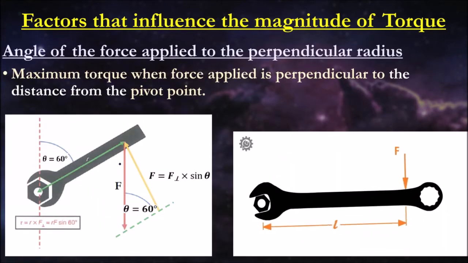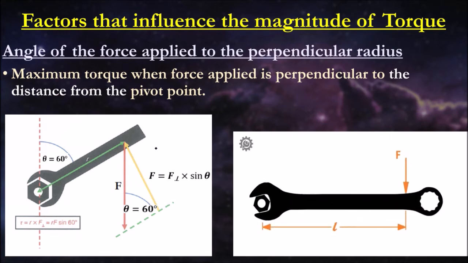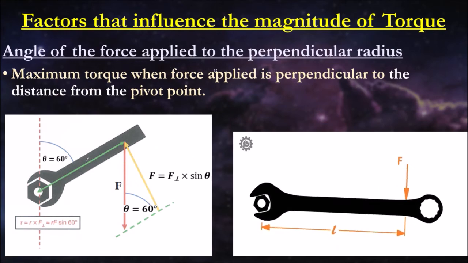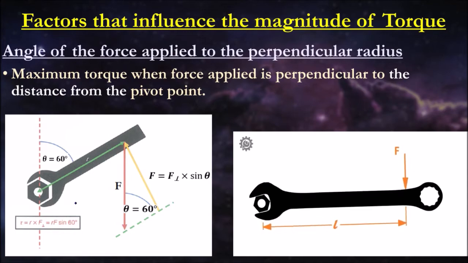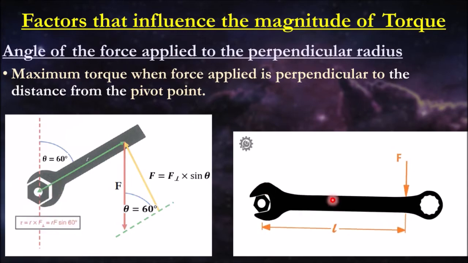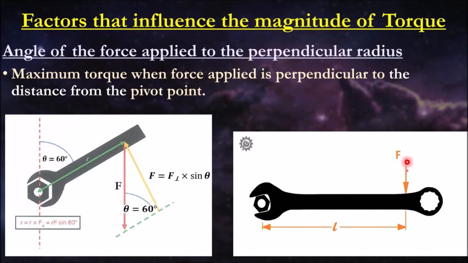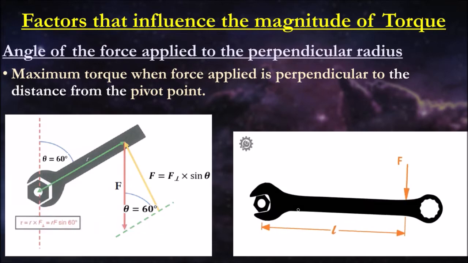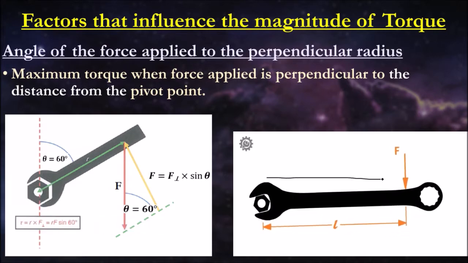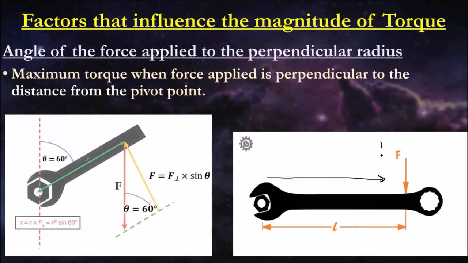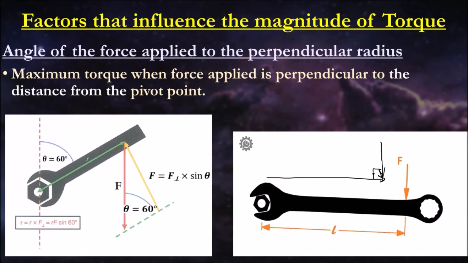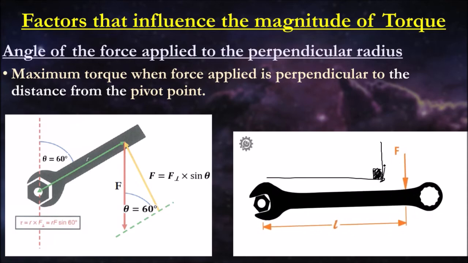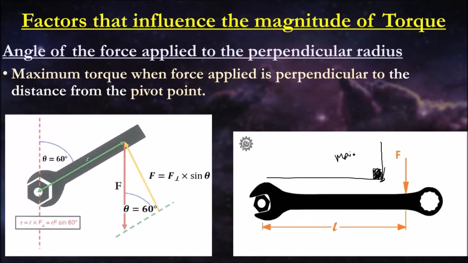Our second point is obviously the force, but we're also looking at the angle at which we apply the force. Now, in this diagram we have here, maximum force is achieved if the length of that point and the force you apply are directly perpendicular to each other. That's where you get maximum force.